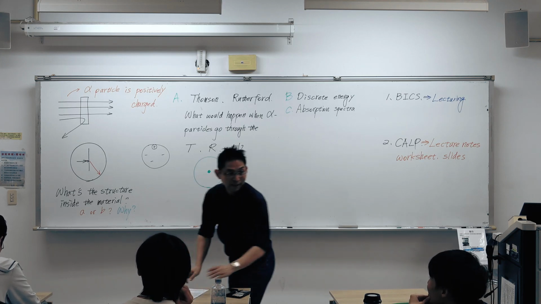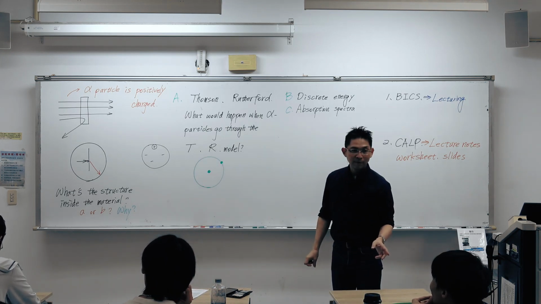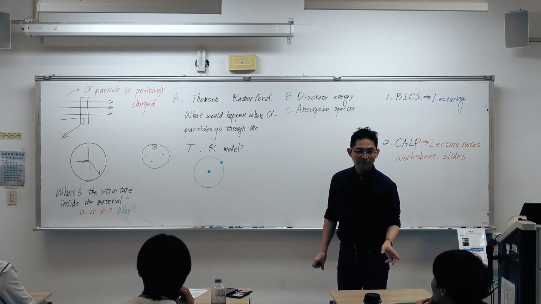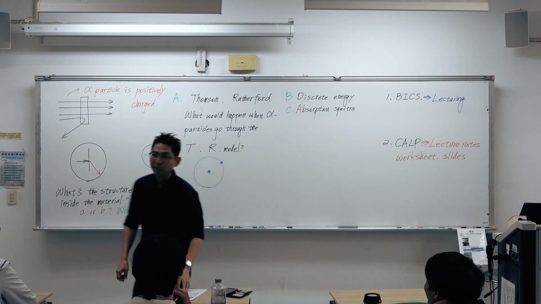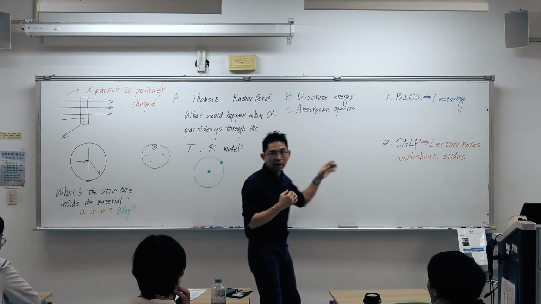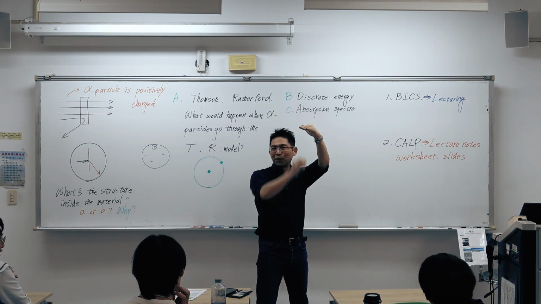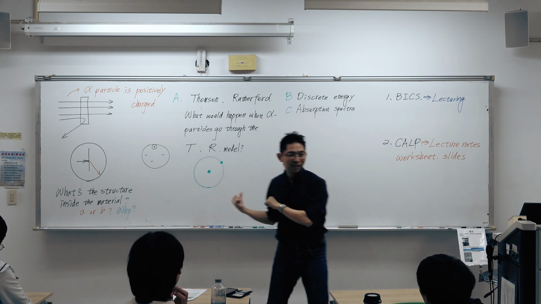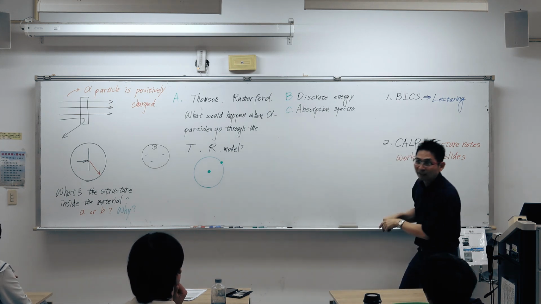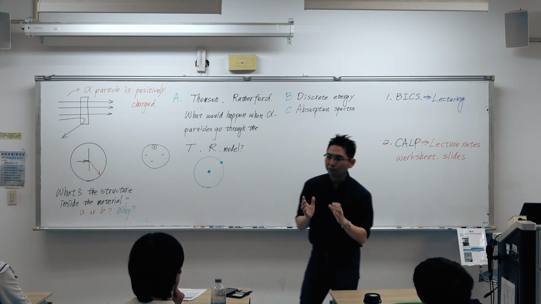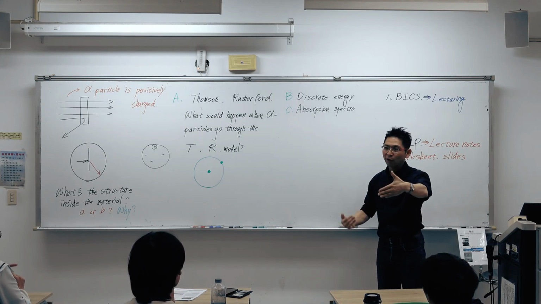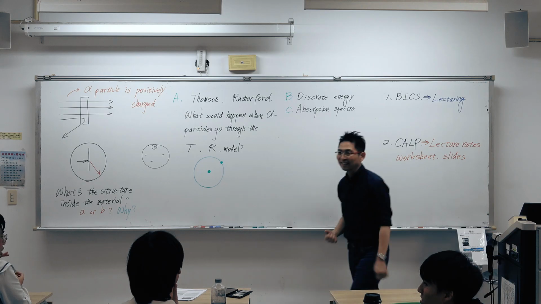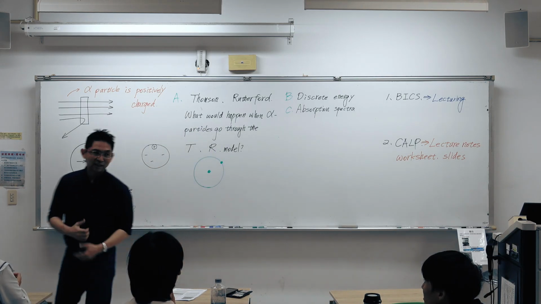I think the photoelectric effect is not necessary for atomic structure. So we just want to talk about the transitions between the energy levels of an atom, just for this unit. The photovoltaic or photoelectric effect is the next chapter, in the next unit, for quantum physics.